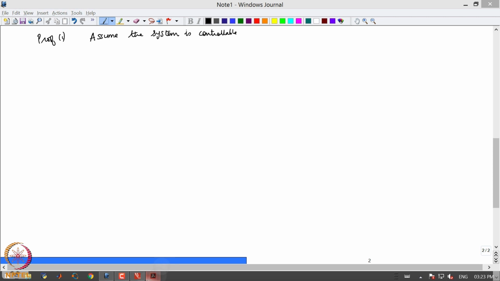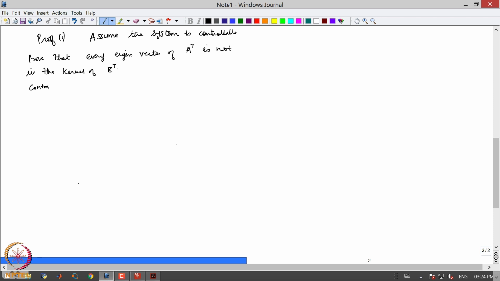So, once the system is controllable, then we will have to prove that every eigenvector of A transpose is not in the kernel of B transpose. Okay. Now, as usual, much of the proof techniques rely on proof by contradiction.